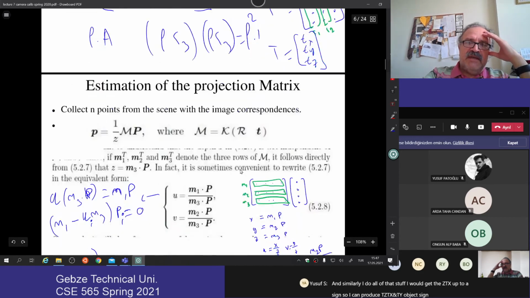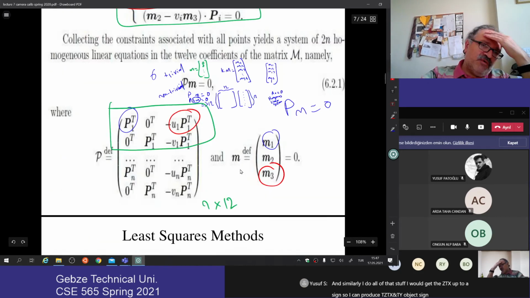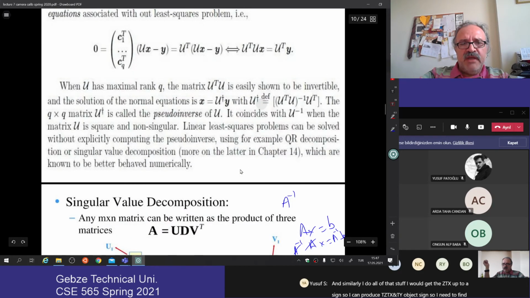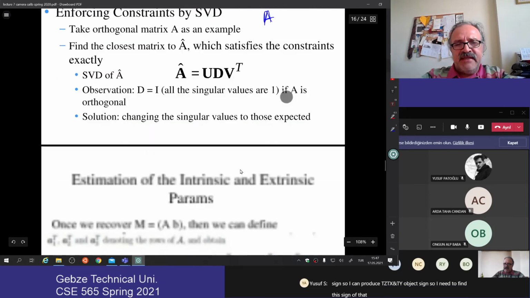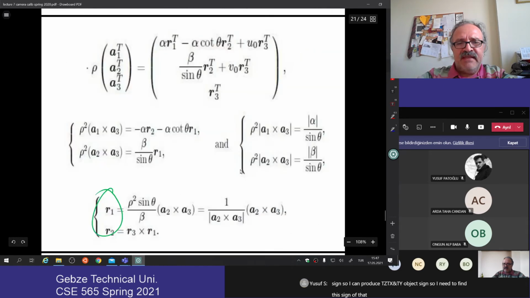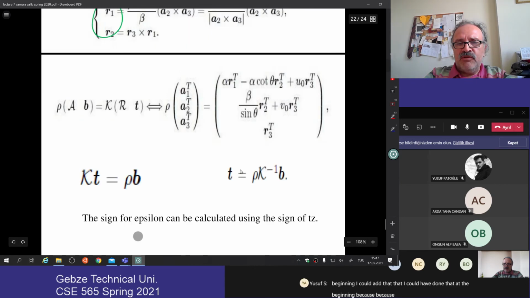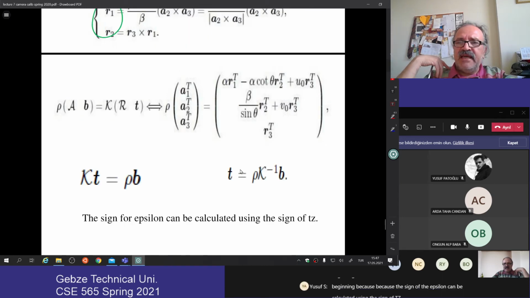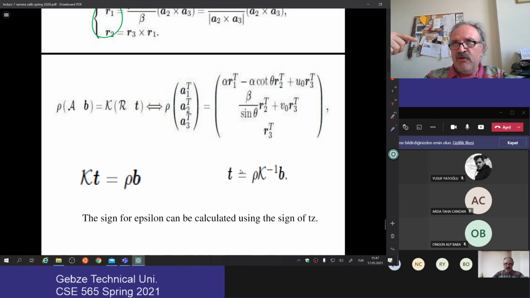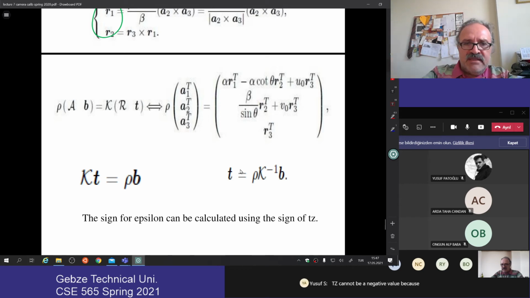So I need to find the sine of that rho. How would I find the sine of that rho? It is actually not that difficult. I could have done that at the beginning, because the sine of the epsilon can be calculated using the sine of tz. Tz cannot be a negative value, because remember our coordinate system?